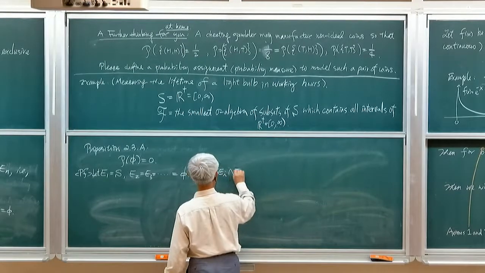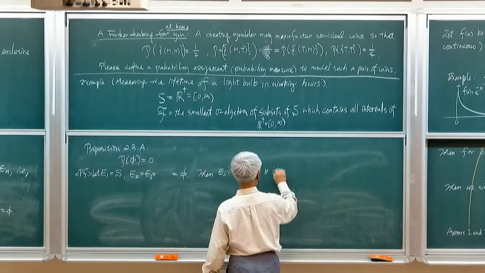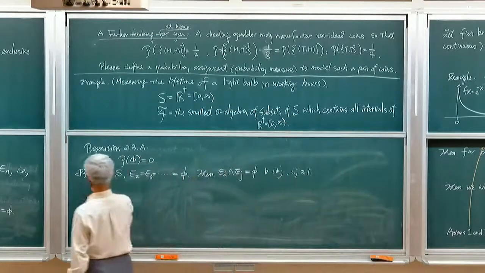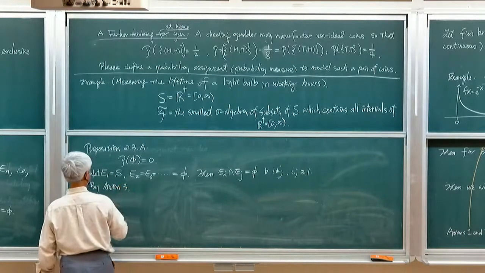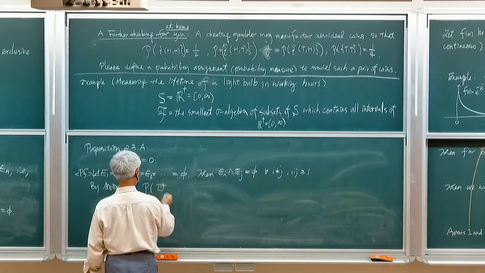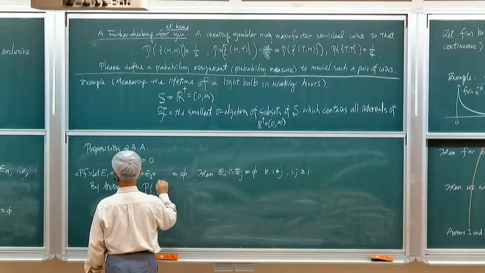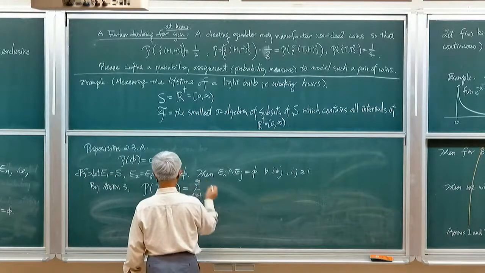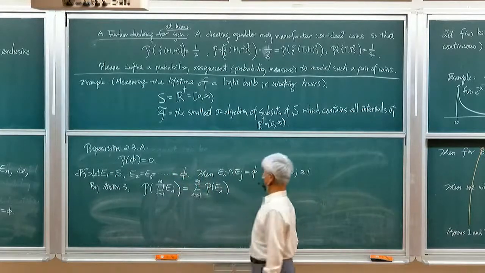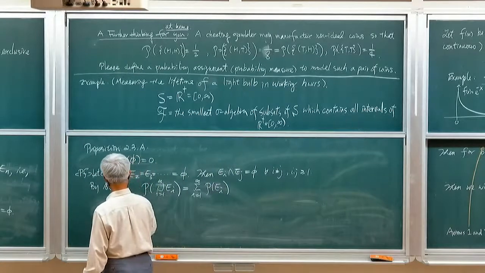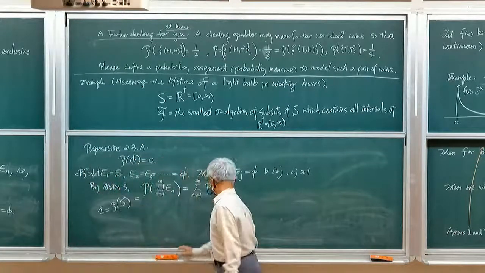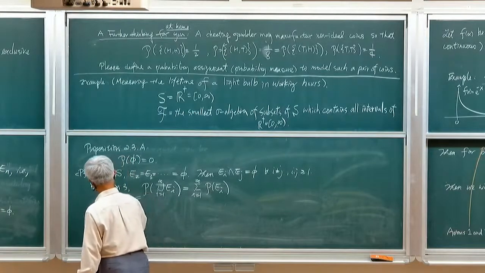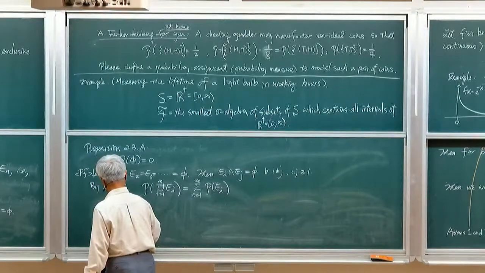Then Ei intersect Ej is the empty set for all i not equal to j. Now, by axiom number 3, the probability of the union is equal to the summation of the probability of Ei. But the union is S, so this is the probability of S, and this is 1 by axiom number 2.